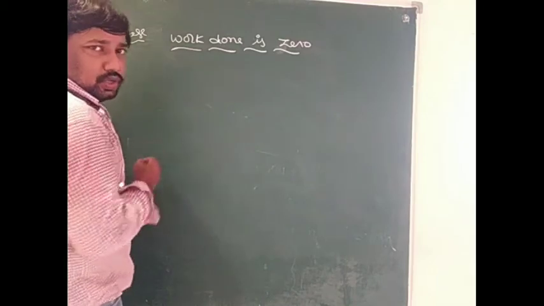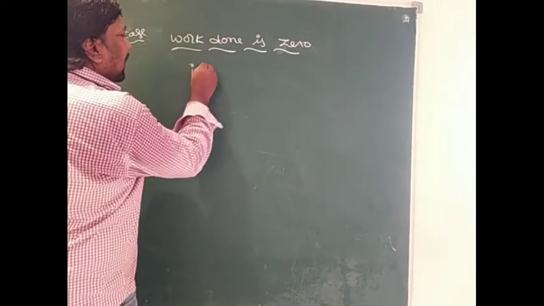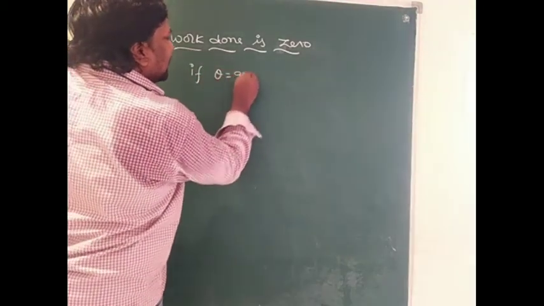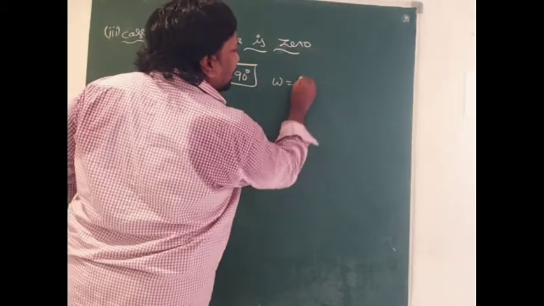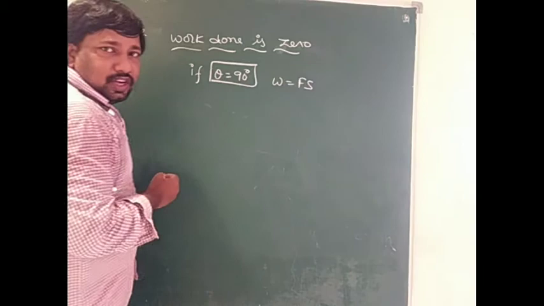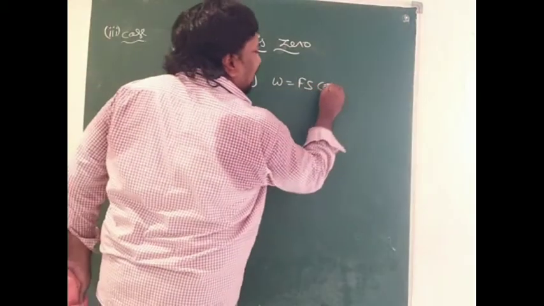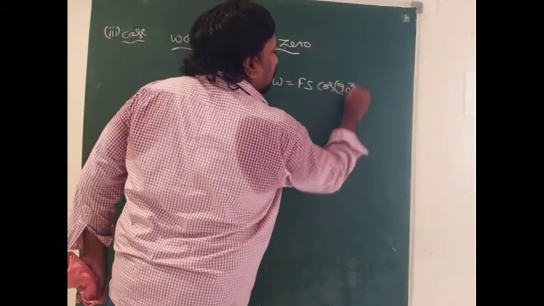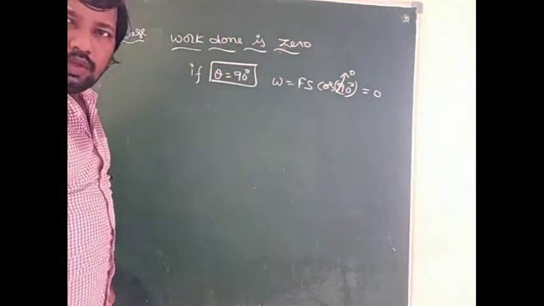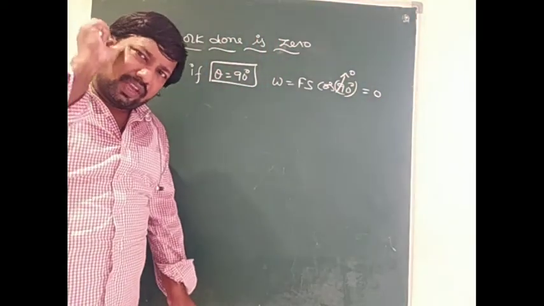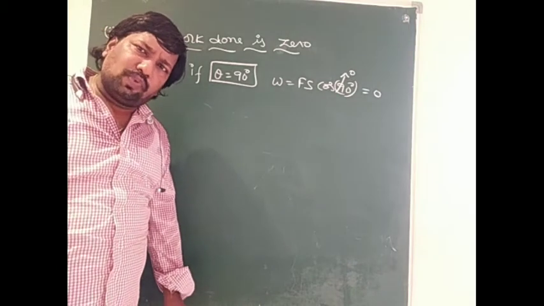Work done is zero when theta is 90 degrees, because W = Fs cos 90, and cos 90 equals 0, so 0 into Fs is 0.